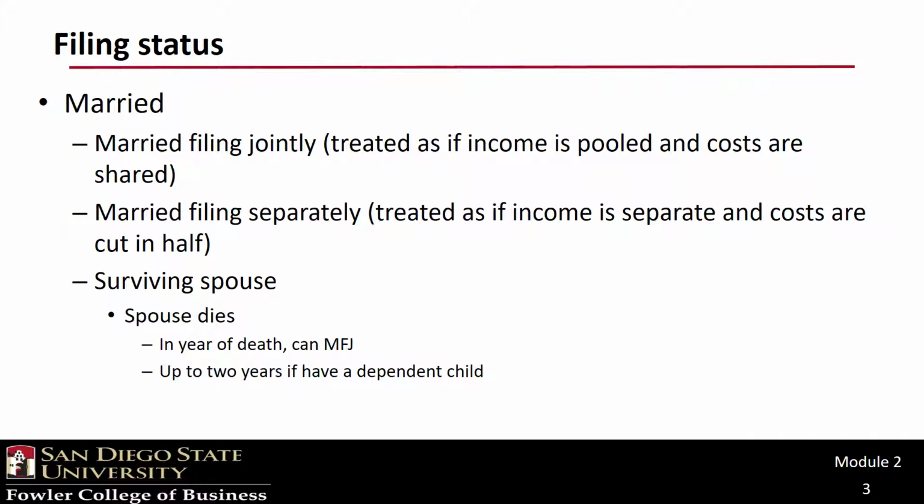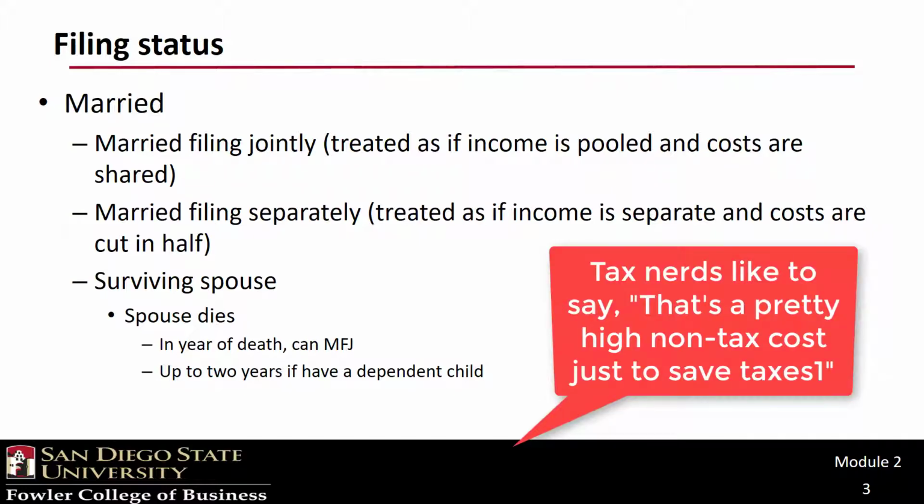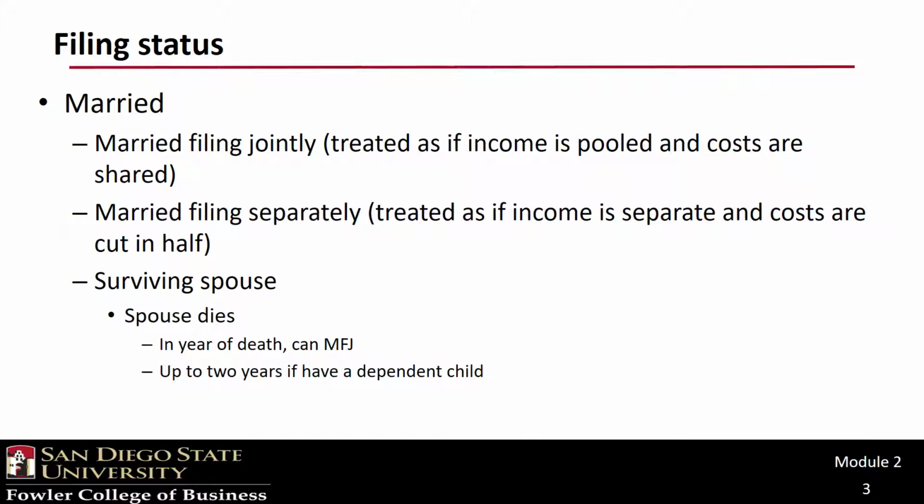In addition to married couples, in certain circumstances, a single individual can also file married filing jointly. This option is only available if your spouse dies during the tax year. That's a surviving spouse. If you happen to have dependent children, you can actually keep married filing jointly for 2 additional years.